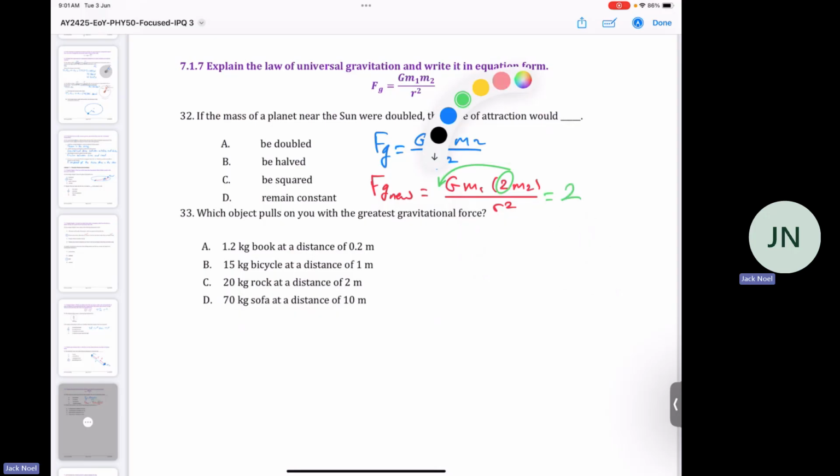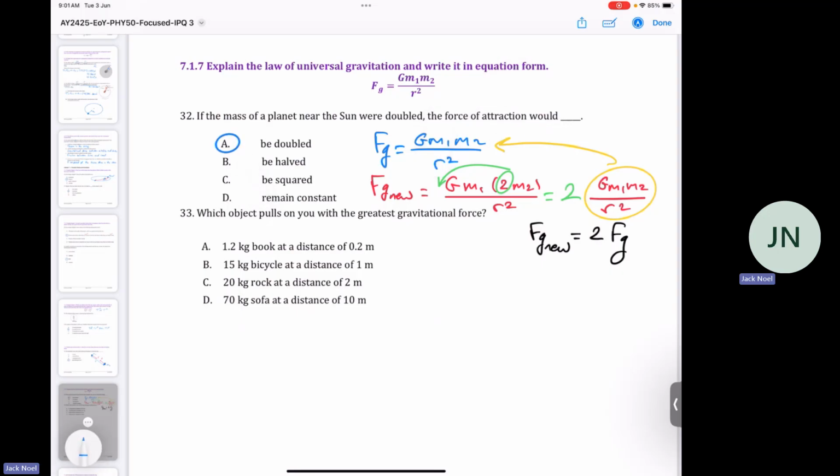So 2 G m1 m2 over r squared. This is nothing but the original, so the new Fg equals 2Fg. It got doubled. So if you double the mass of the sun, the gravitational force doubles.